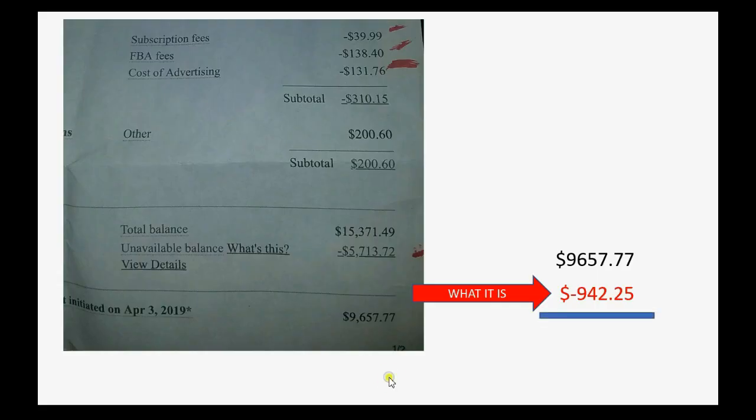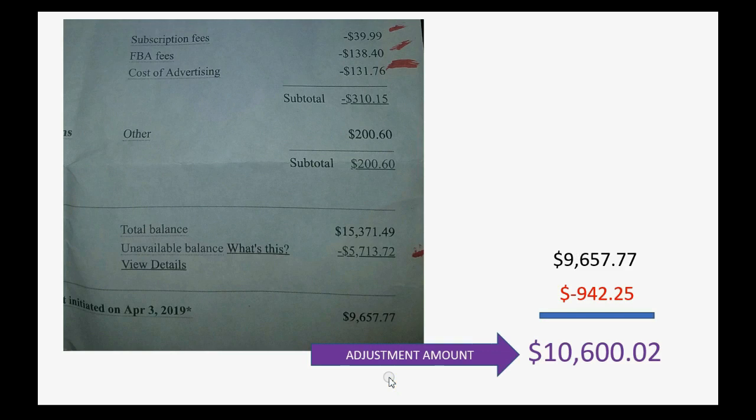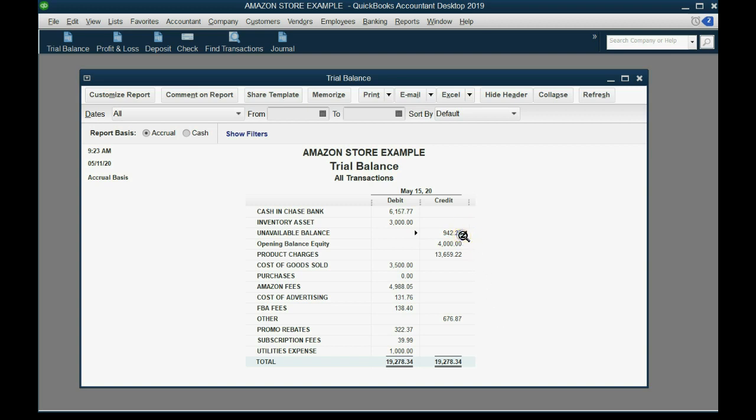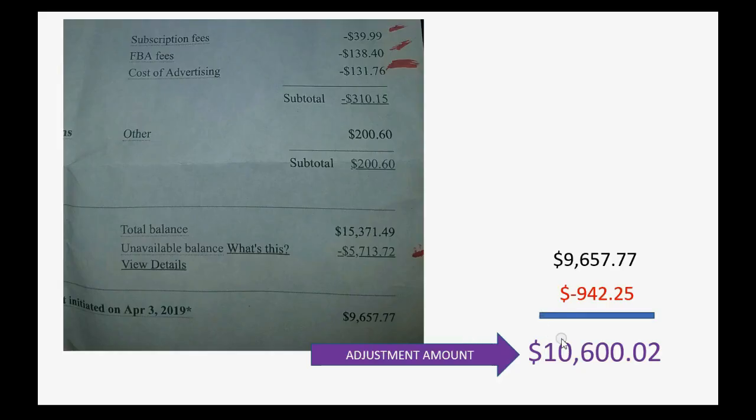So what you have to do is find the difference. And of course, the amount in our trial balance now is actually a negative number. That's why it's on the credit side instead of the debit side. So if you remember your elementary school math, when you find the difference between a positive and negative number, you have to add them together.